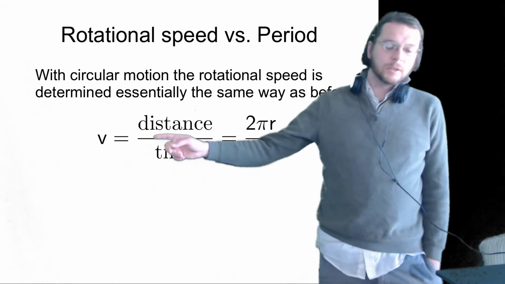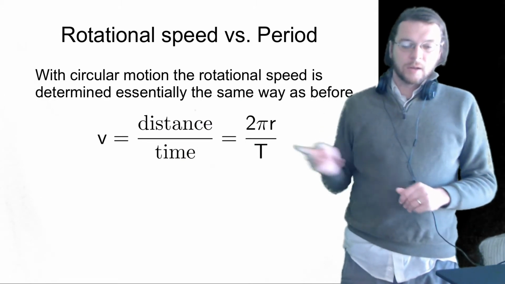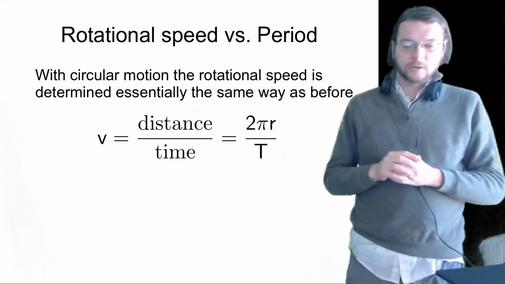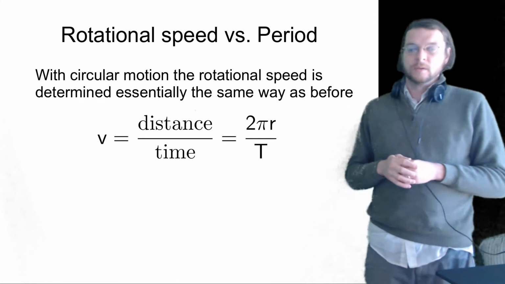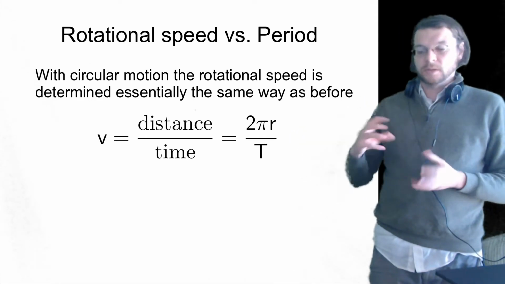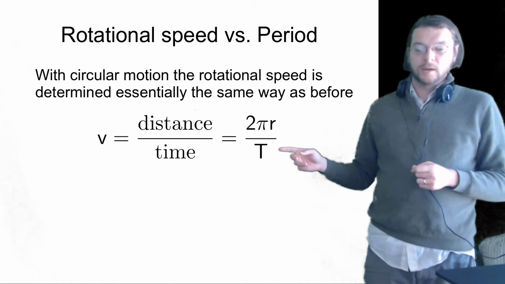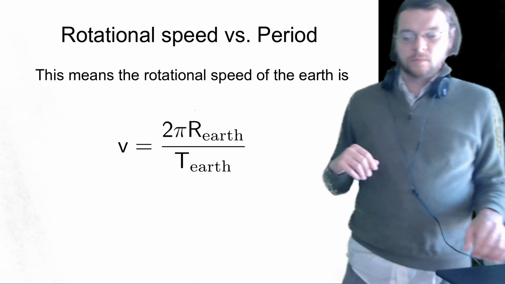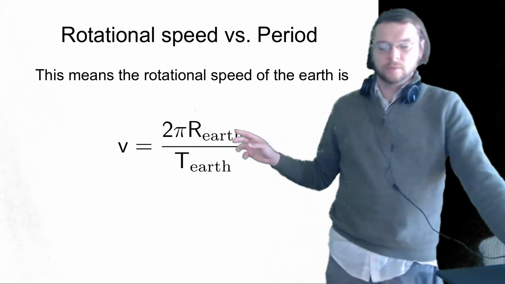The speed at the edge of the thing that's moving is the distance involved in that rotation divided by the time it takes to make that rotation. So that's the circumference of the circle, 2 pi r, divided by the period of the rotation, 24 hours. We get something like this for the speed of the surface of the Earth.